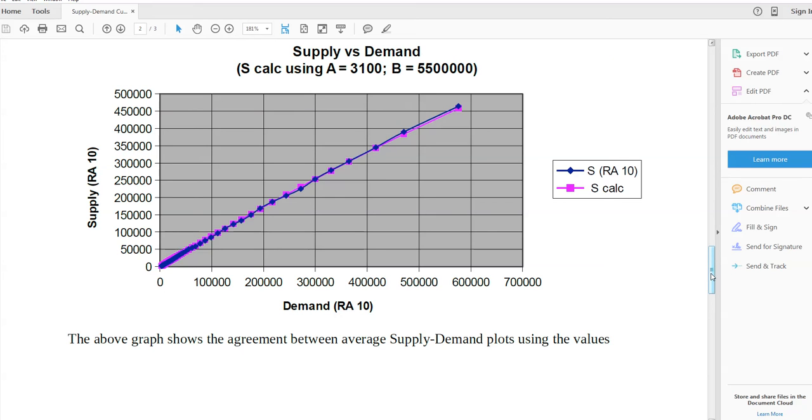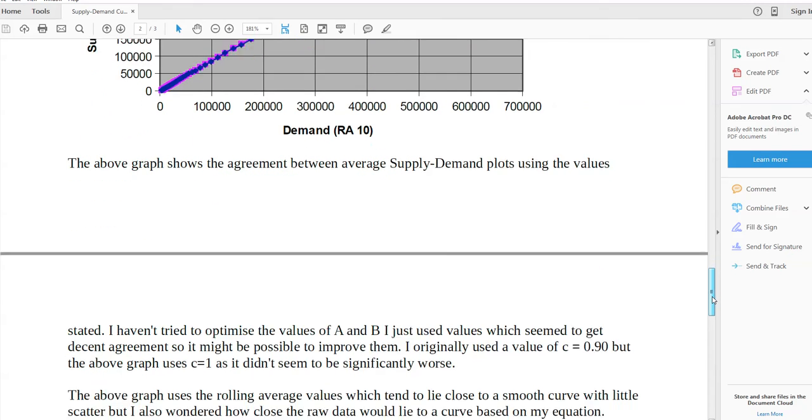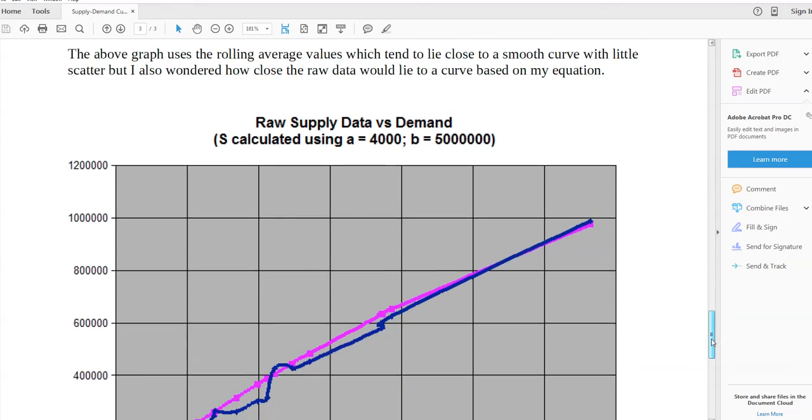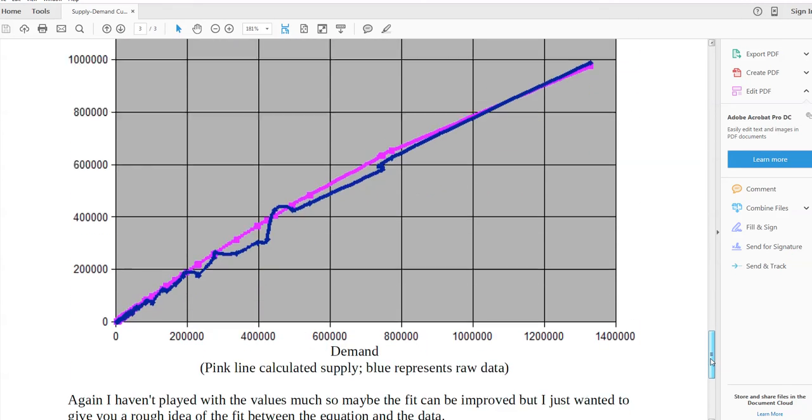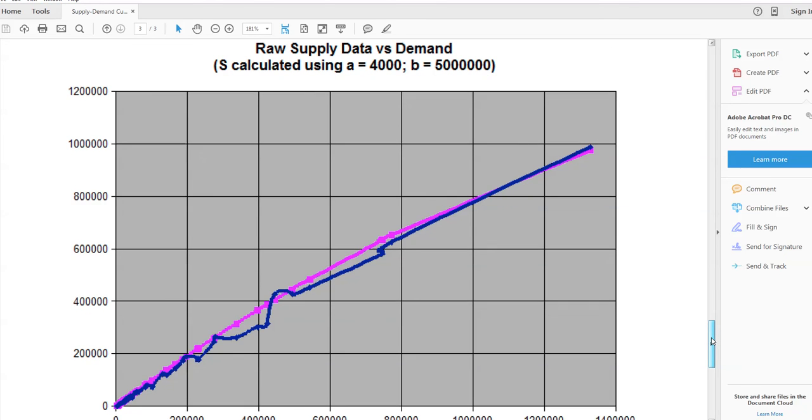So I just wondered how this sort of curve would fit the raw data, and so I tried doing a sort of calculated curve, which is the pink one, and then superimposing the raw data, not averaged, scattering about. And just to give you an idea, that's a sort of fit I did to get with that.